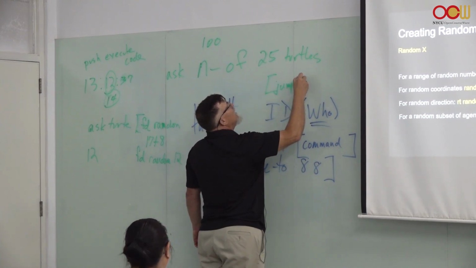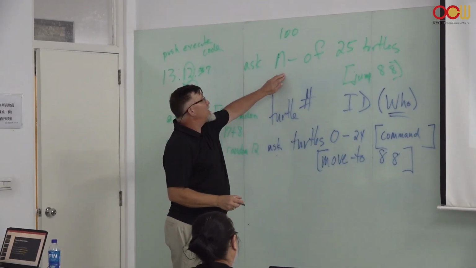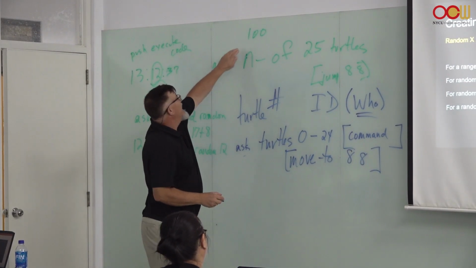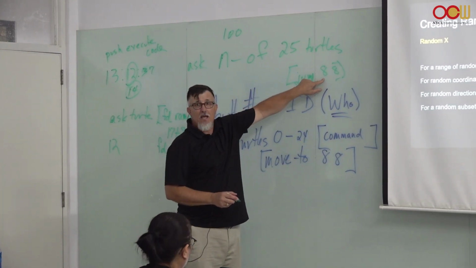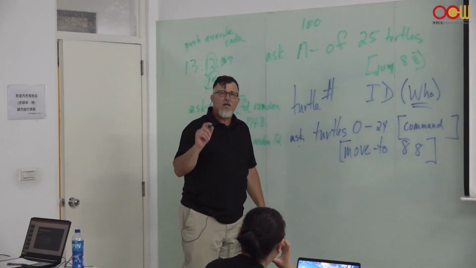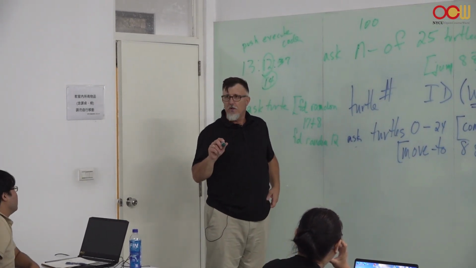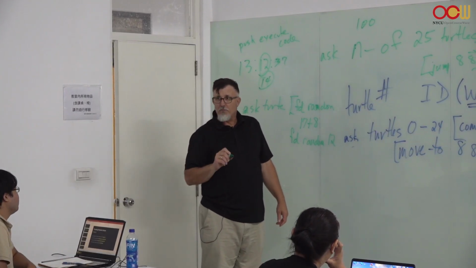Jump. Ask a random group of 25 turtles out of these 100 to jump to coordinates 8, 8. Now remember, you were picking turtles based upon their who numbers, and you were bunching them into 25.